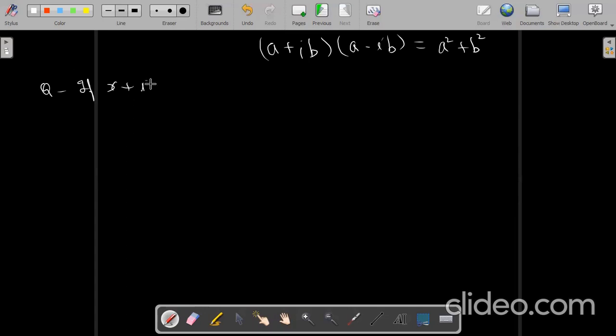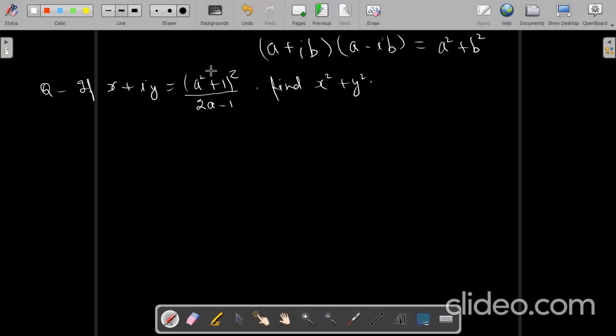x plus iota y is equal to (a square plus 1) whole square divided by 2a minus 1. Then find x square plus y square. So what we will do, we will find the conjugate of this number. After that, we can multiply them.